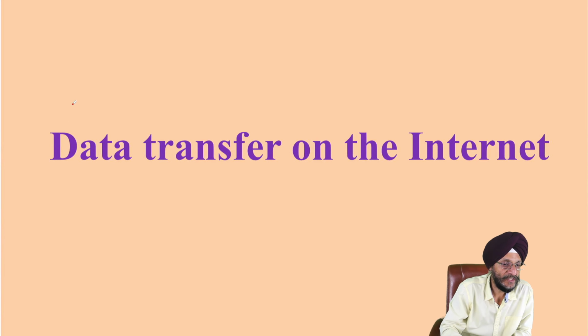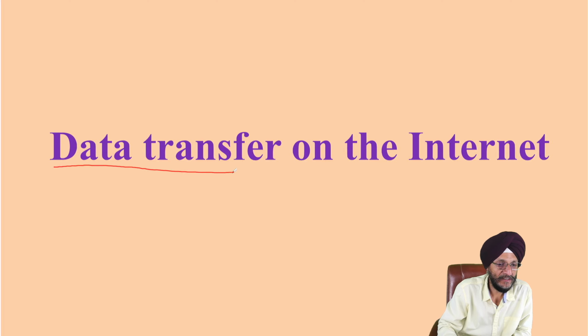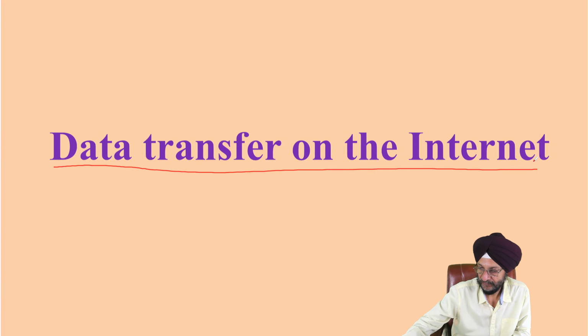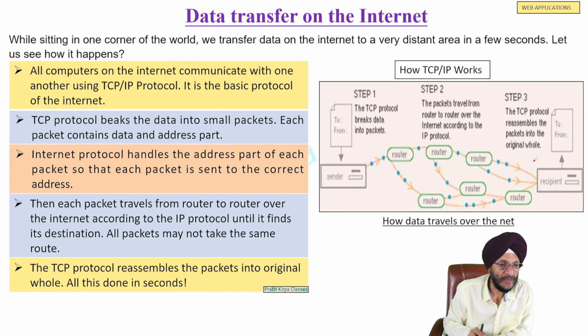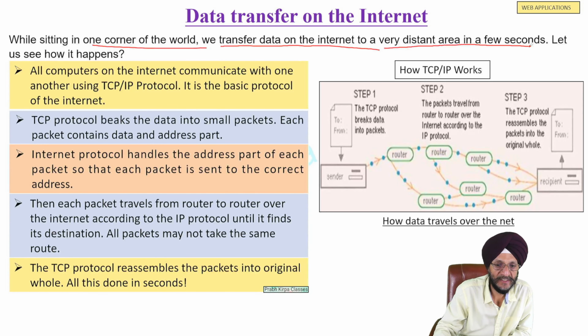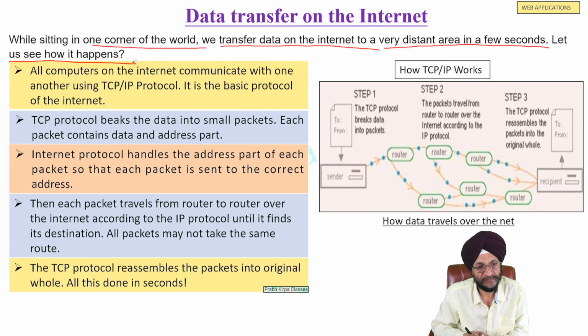Now our topic is data transfer on the internet. While sitting in one corner of the world, we transfer data on the internet to a very distant area in a few seconds. Let us see how it happens.